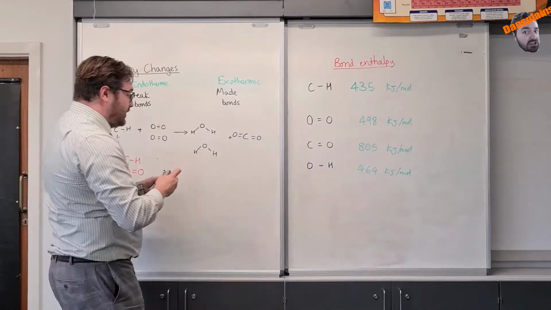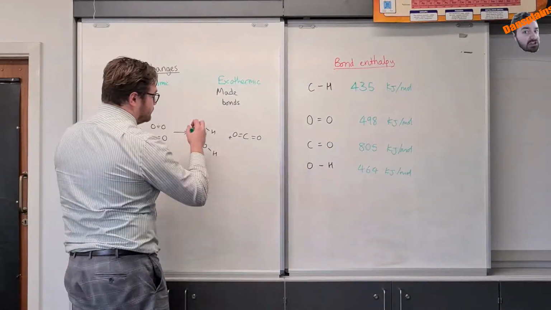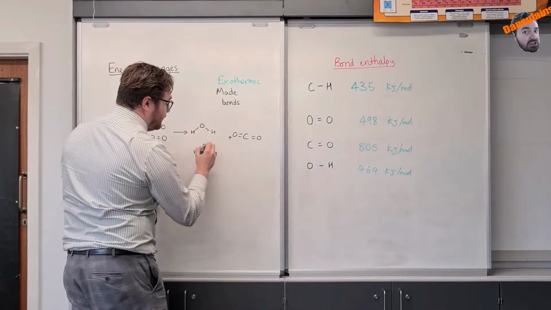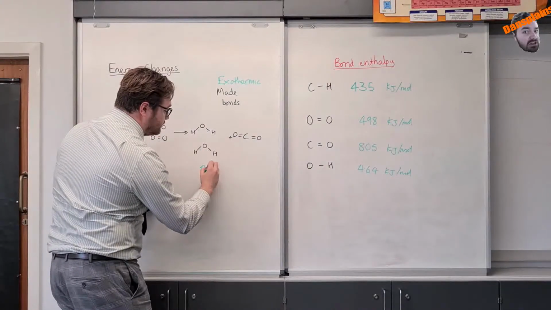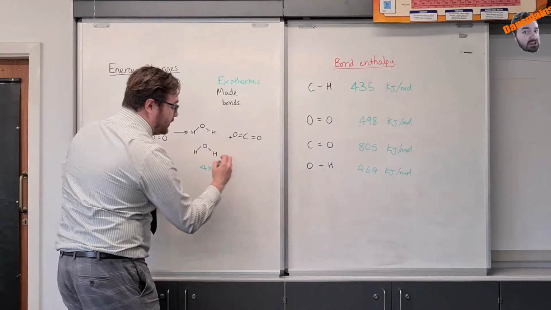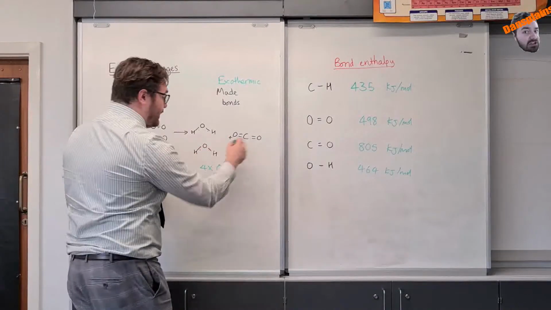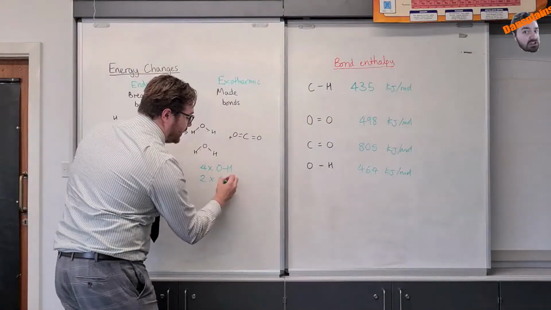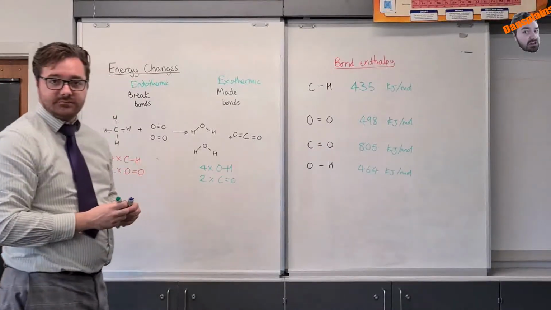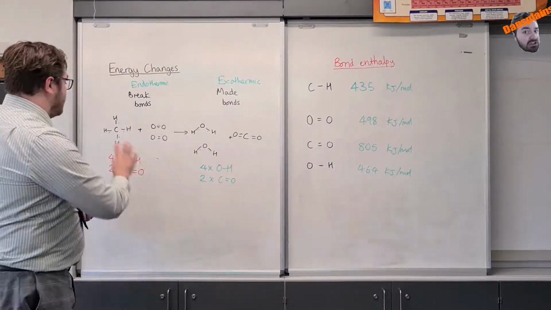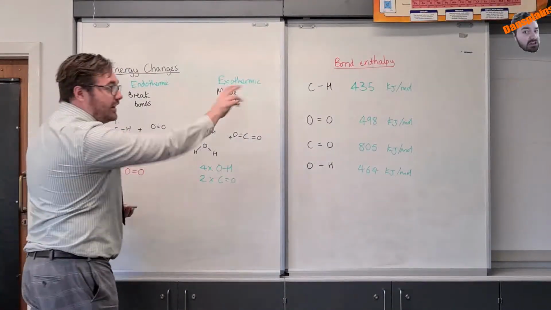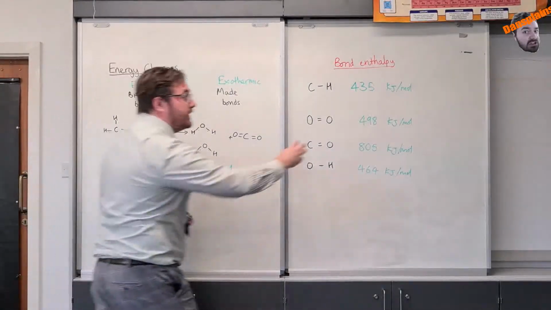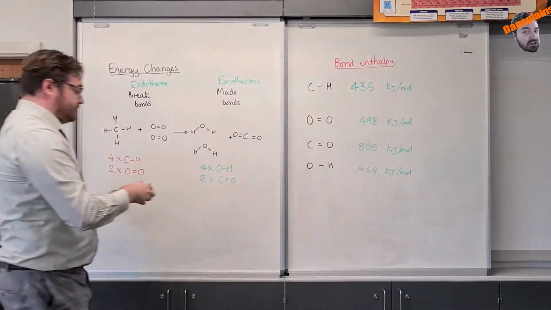On this side, I am making 1, 2, 3, 4 O to H bonds. I'm also making 2 C double bond O bonds. If I look at that, I can literally just put the numbers in. You'll find these on any exam question.